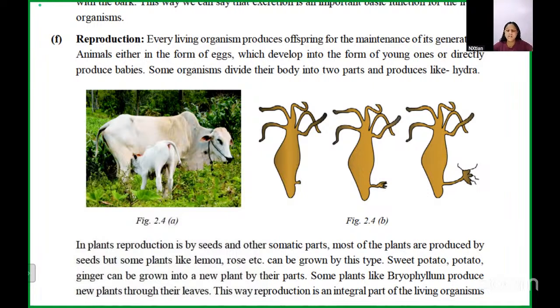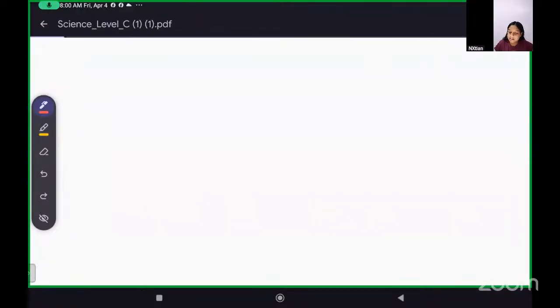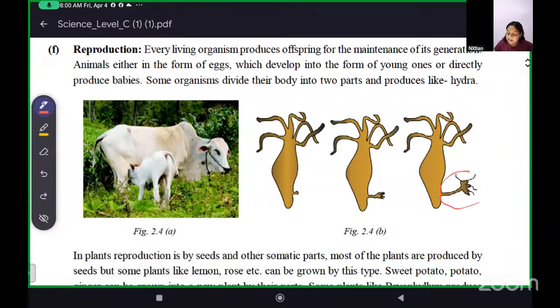In plants also, reproduction takes place, in a different manner, through seed, through growing, where a new organism is born from the part of the plant itself. In a further chapter we will see what are the types through which plants reproduce.